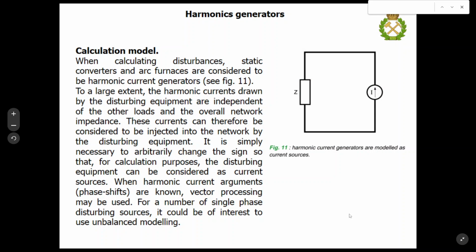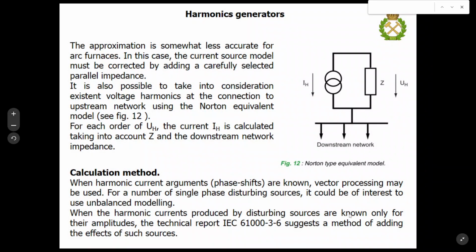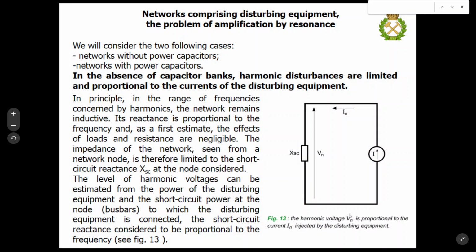And when we calculate harmonics, we should have calculation models that include the source of harmonics and impedance. And when we have power transformers, we also should model them according to our calculation method. And also we should take into account the reactance of the short circuit level.